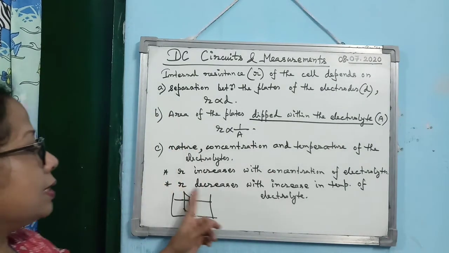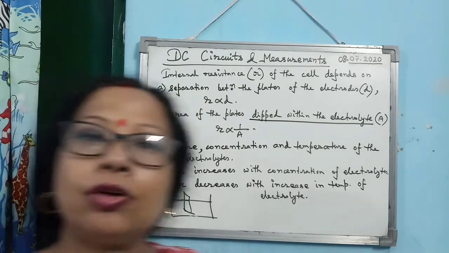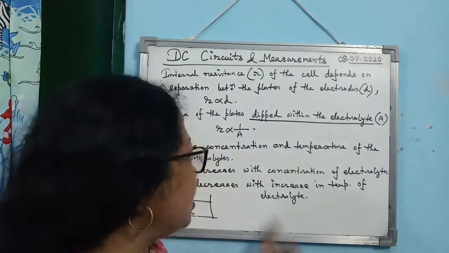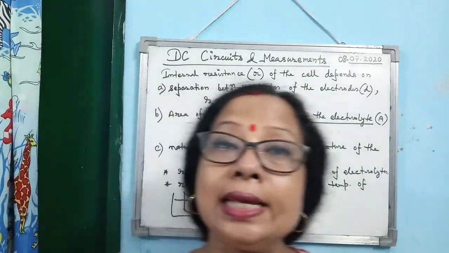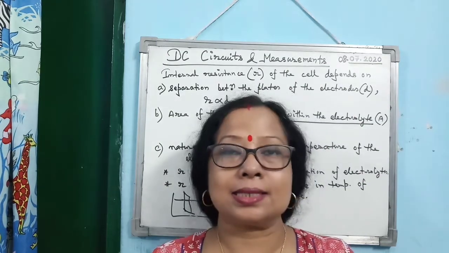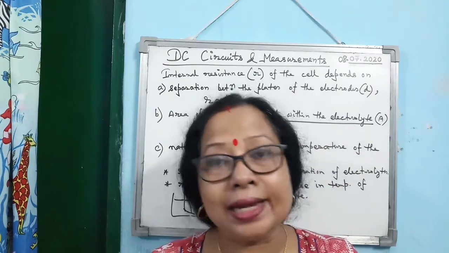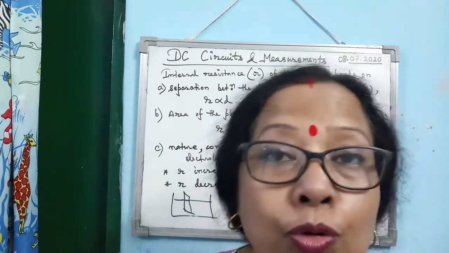The next one is, resistance decreases with increase in the temperature of the electrolyte. How does resistance decrease with increase in the temperature of the electrolyte? When the temperature of the electrolyte increases, the ions become more mobile.